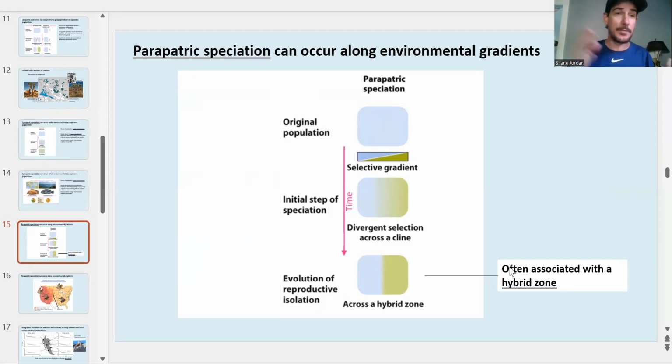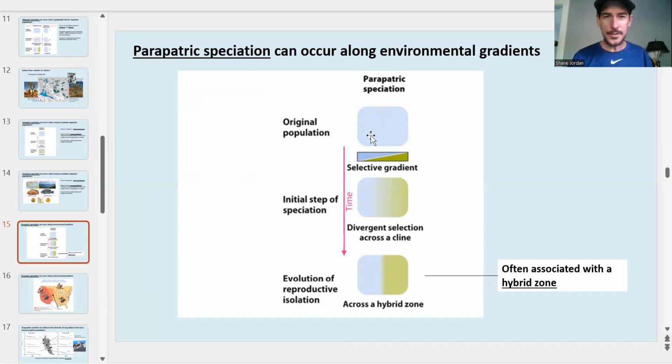Maybe temperature going from low to hot, or sunlight going from very shady to very sunny, or nutrients going from low concentrations to high concentrations, or precipitation going from low rainfall to very high rainfall, in a linear fashion. Or when we talked about local adaptation, we looked at mussels that occur in Long Island Sound. They're responding to an environmental gradient that's related to the concentration of salt in the water, so a salinity gradient.